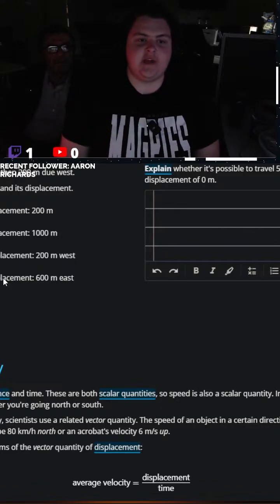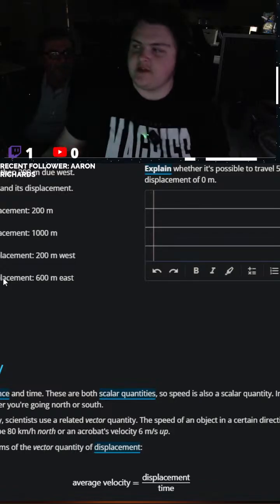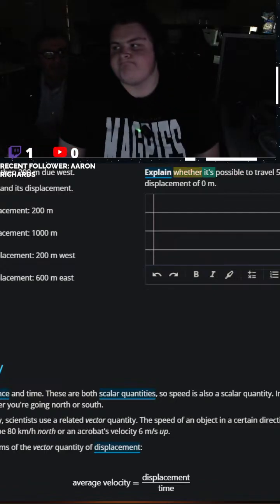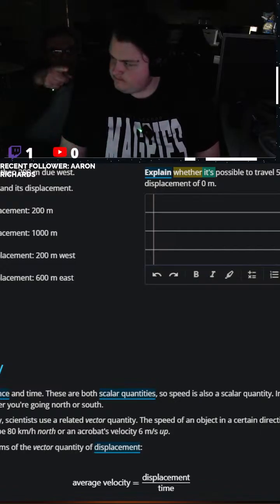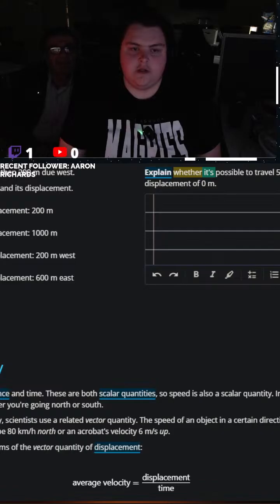Then what about the displacement? One of the two is right: distance 1000 and distance 1000. Displacement 200 meters west and displacement 600 meters east. It's 800 east, so it's not 600. So it's 800 east and then 200 west.